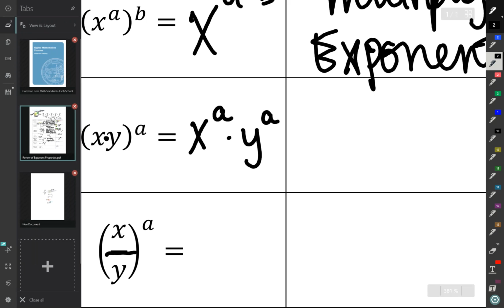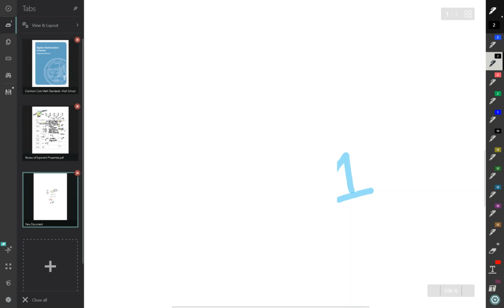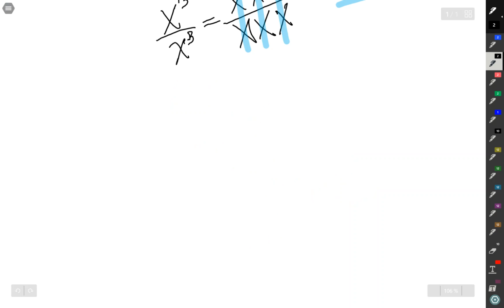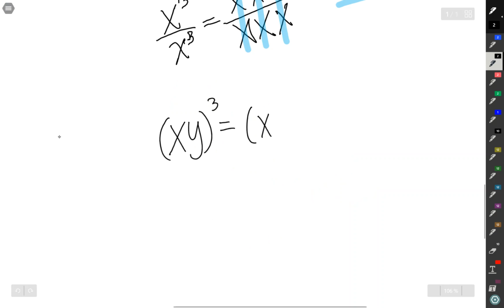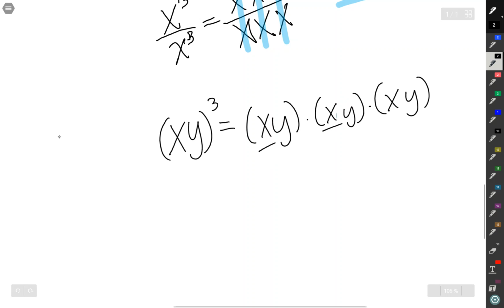Okay, so why do we do that? If I have xy to the 3rd, that means xy times xy times xy. So you can see that there are 3 x's multiplying, so that's actually x cubed.